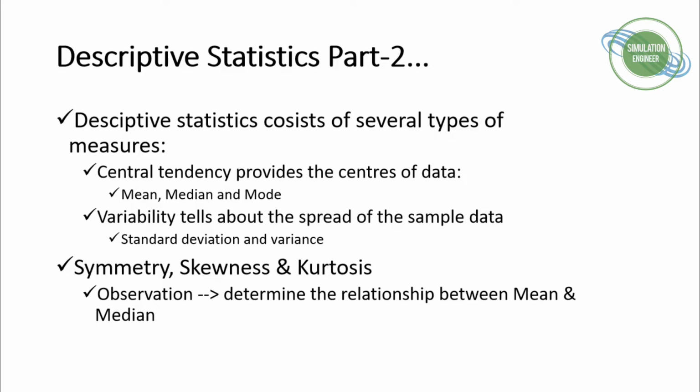Then a very important aspect is to see whether your data is really symmetric or not. This can be identified using skewness and also kurtosis. By using skewness or kurtosis, you get the relationship between your mean and median measures.